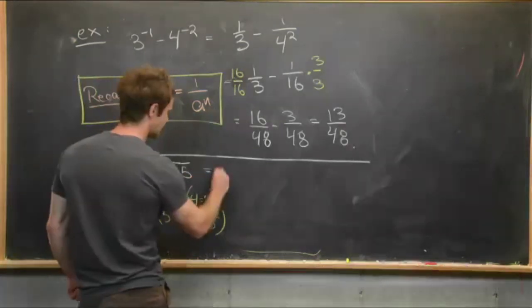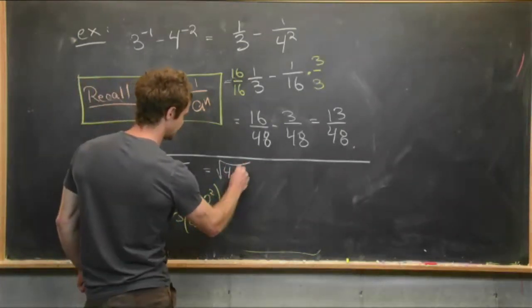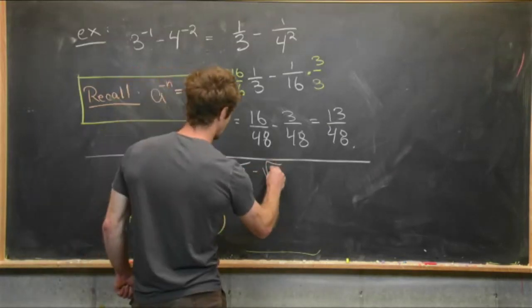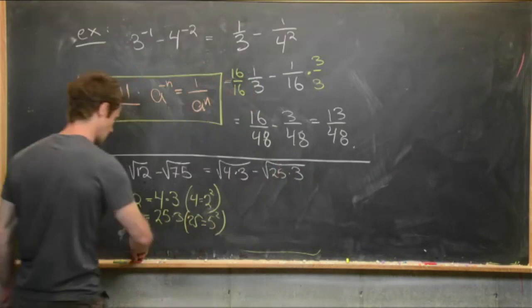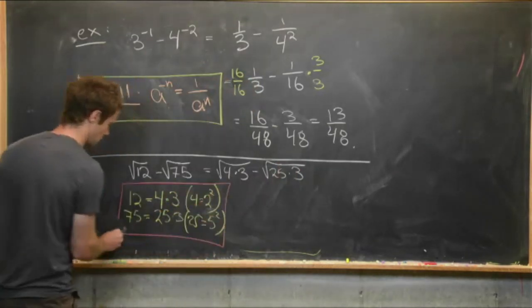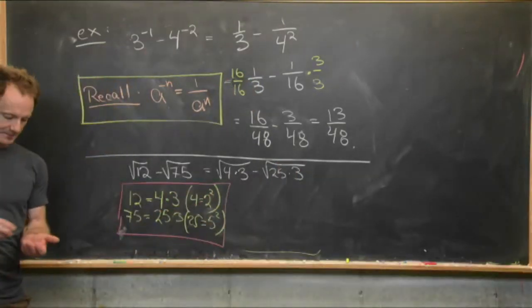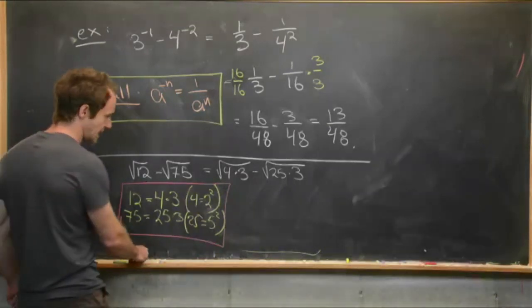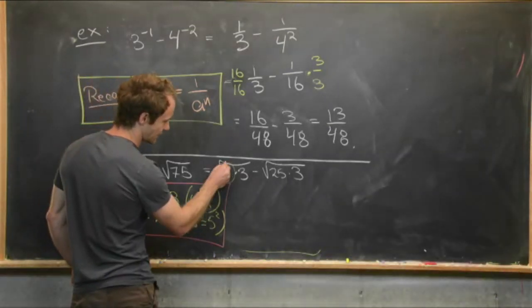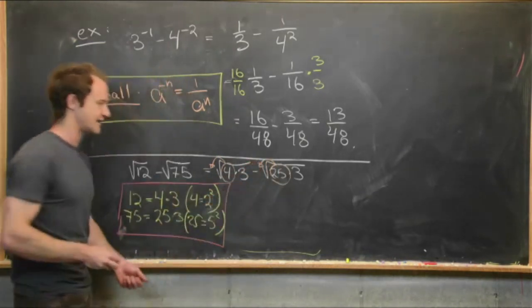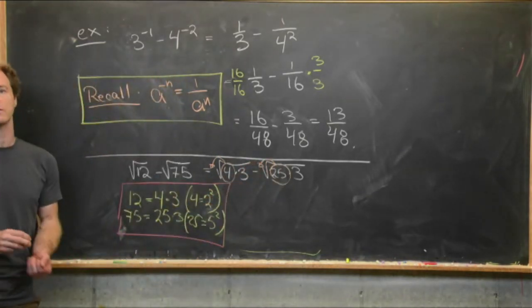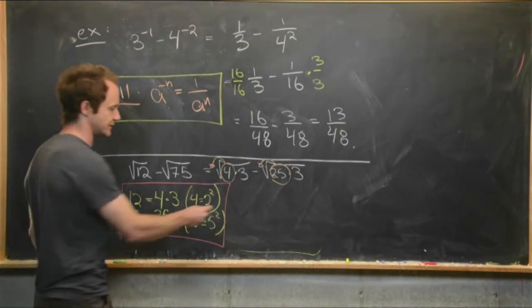We can rewrite this as the square root of 4 times 3 minus the square root of 25 times 3. Good. And then we can extract these perfect squares from the square root. We can take the 25 out of the square root and the 4 out of the square root, but we have to take their square root while doing that.